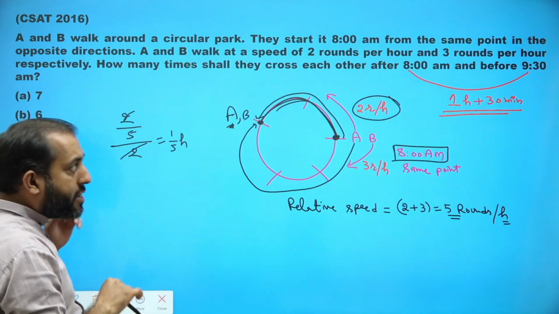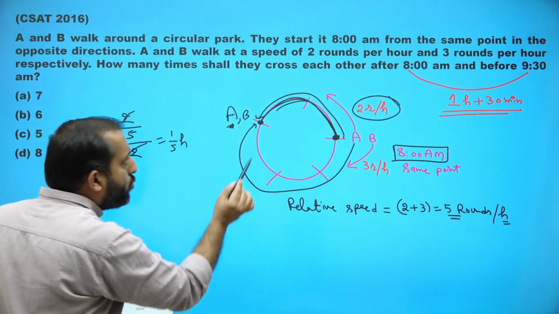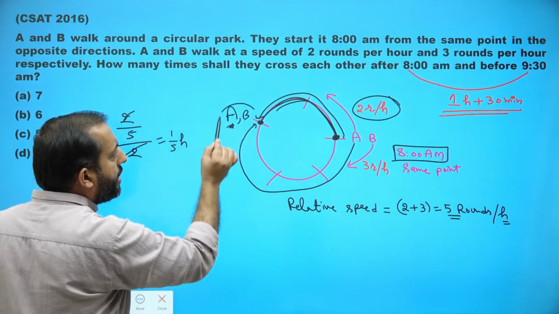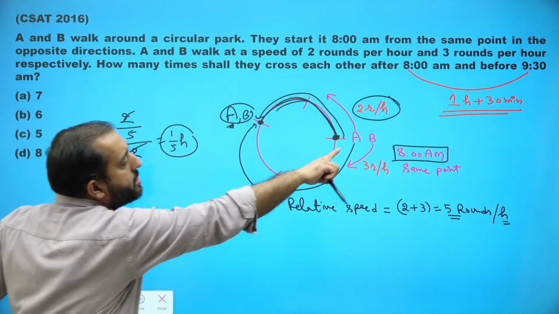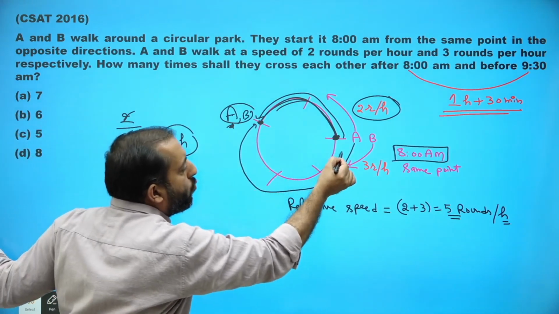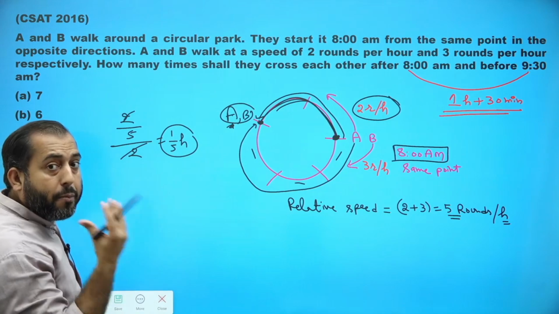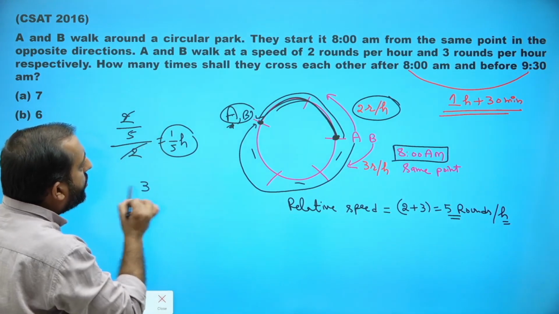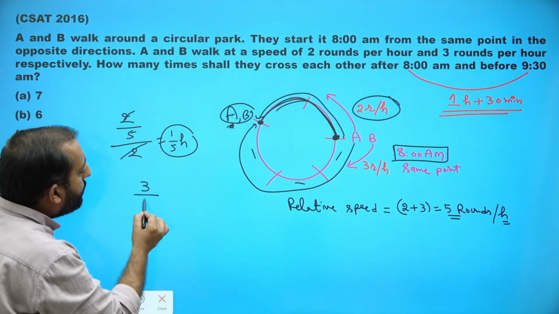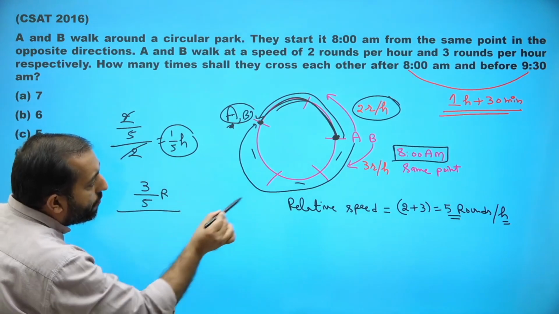And if you do the same thing from this starting point to reach this point where they are meeting, the distance covered by B is 1, 2, 3. I have divided this complete round into 5 parts, and out of those 5 parts, 3 parts are covered. 3/5 of the round is covered by B with the speed of 3.